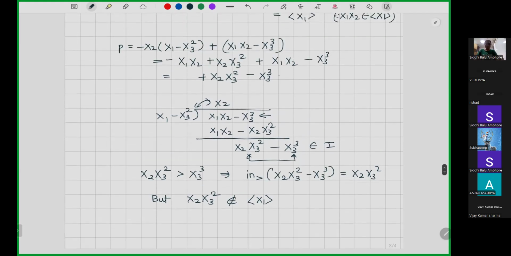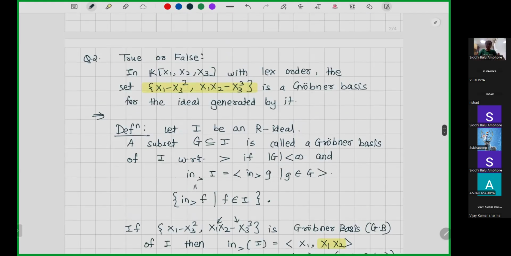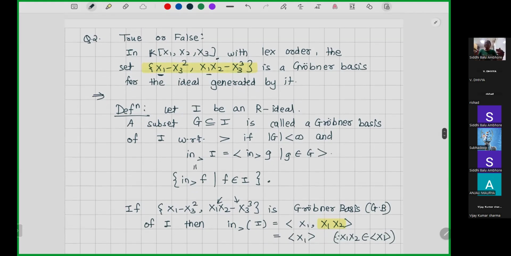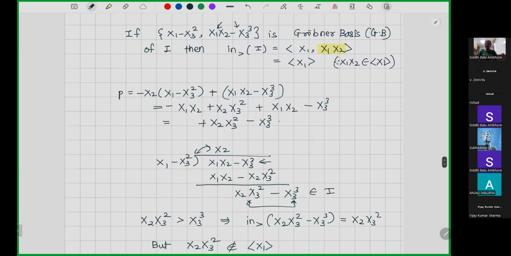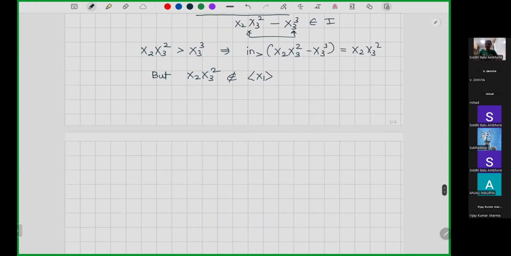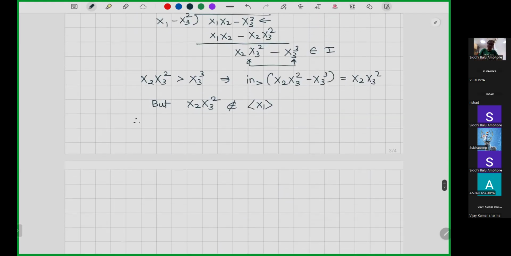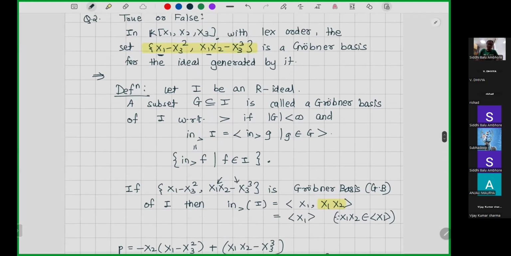Okay. So my aim was, since I have x1 here and here also I have x1, I tried to get rid of this term and obtain some polynomial which has an initial term which does not have any multiple of x1. That was my aim here actually. And this does not belong to the ideal generated by x1. Therefore, it fails the second condition of Gröbner basis, that the initial ideal must satisfy.